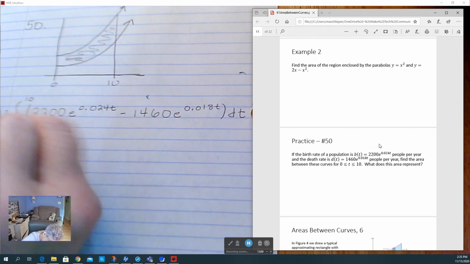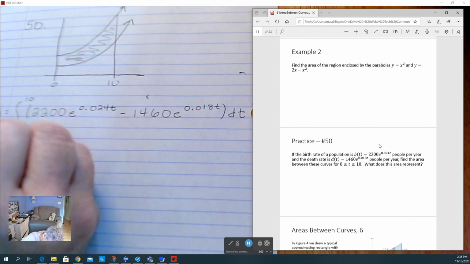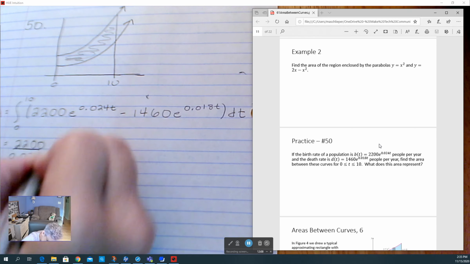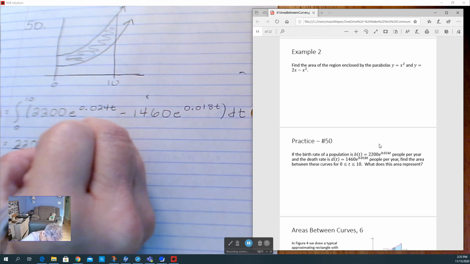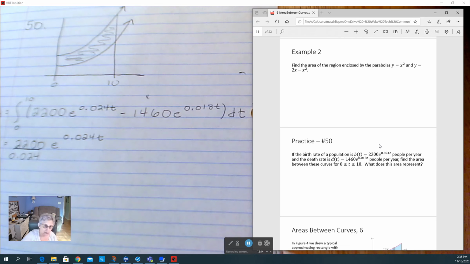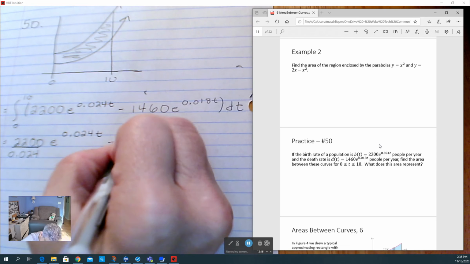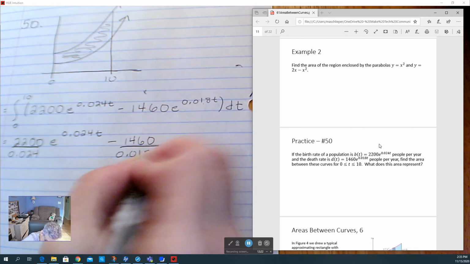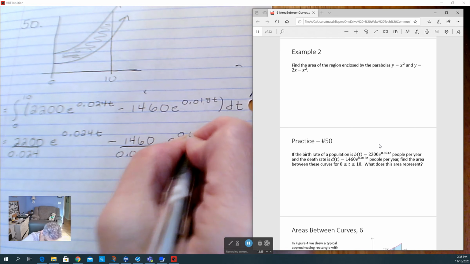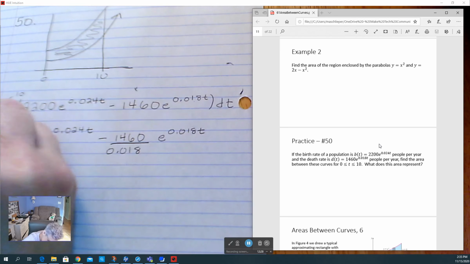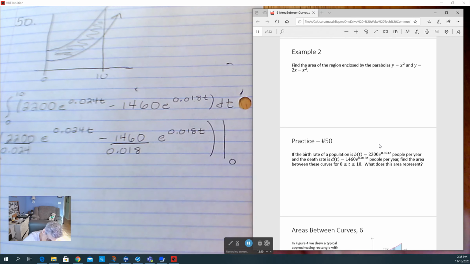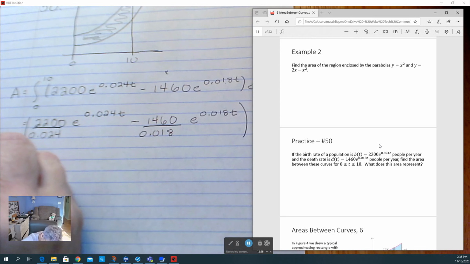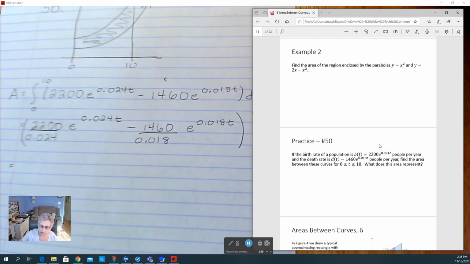You're just going to end up dividing 2200 by the coefficient times e to the 0.024t, minus 1460 divided by its coefficient times e to the 0.018t, and take that from 0 to 10. I'm going to pause and do the arithmetic.